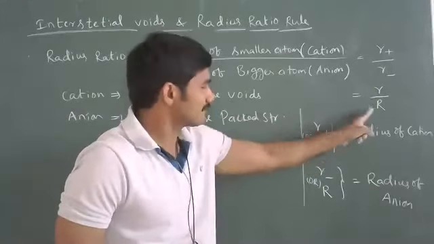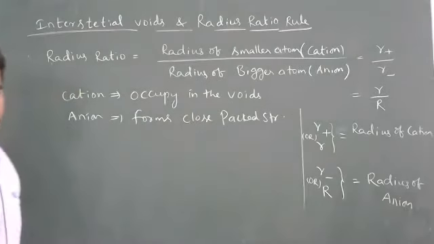R minus or capital R is said to be the radius of anion.